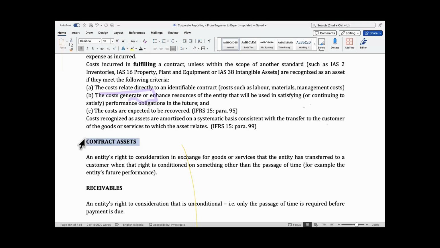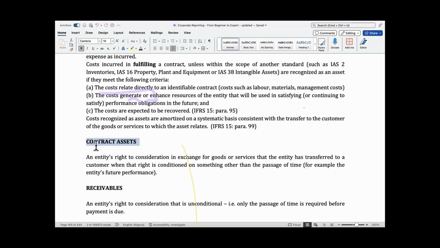They still expect you to do one or two things, especially if you have delivered the service and probably have not sent an invoice. That's a contract asset. For that money you're expecting from that customer, we debit contract asset and credit revenue.